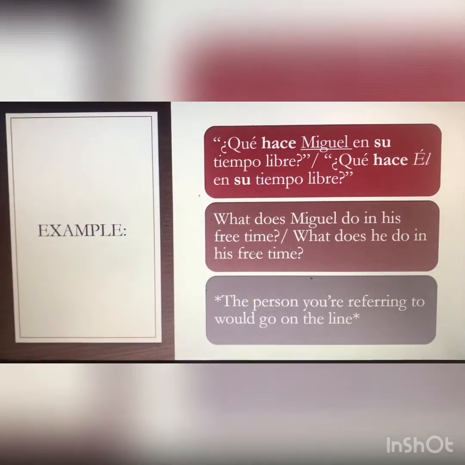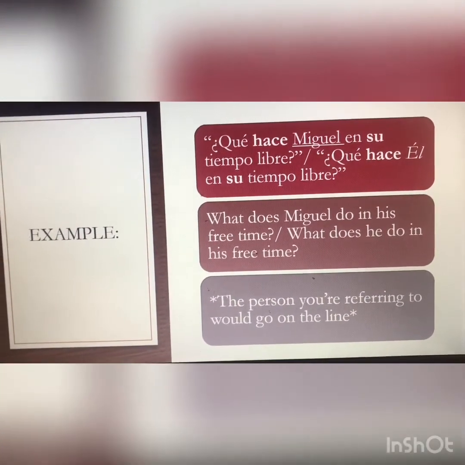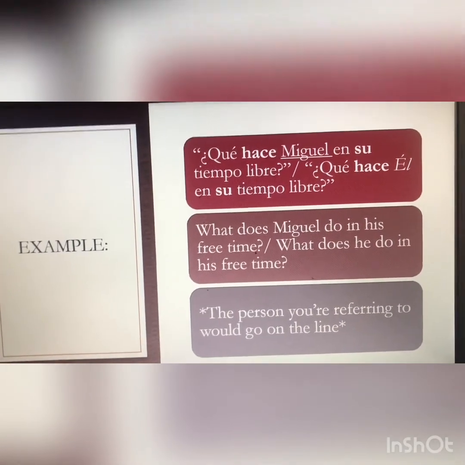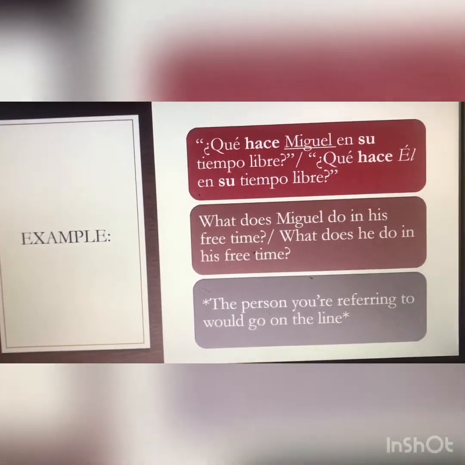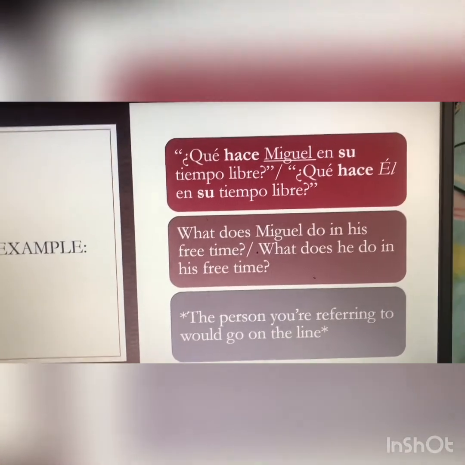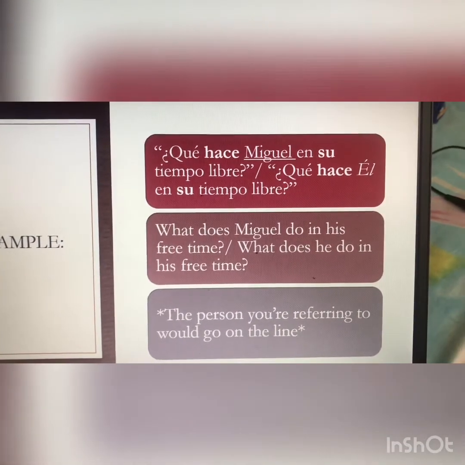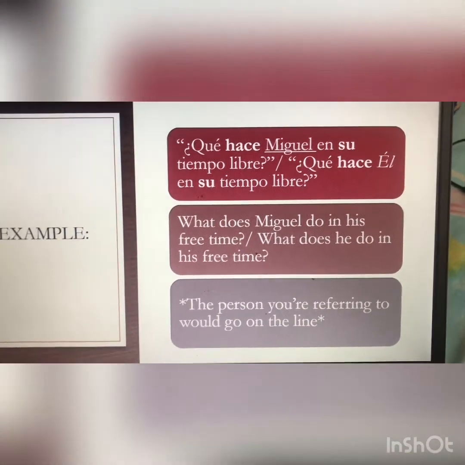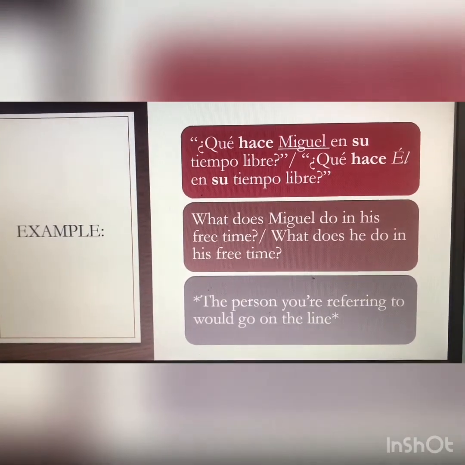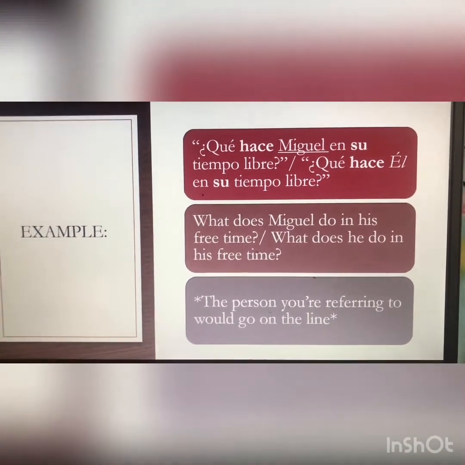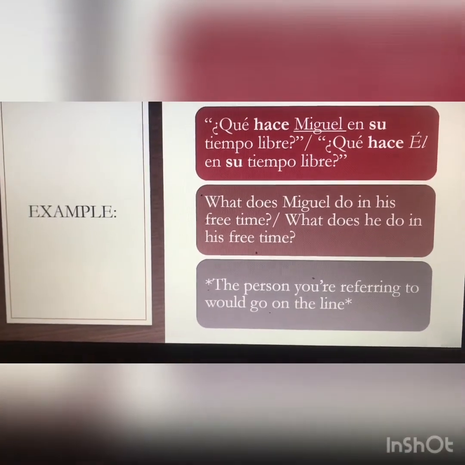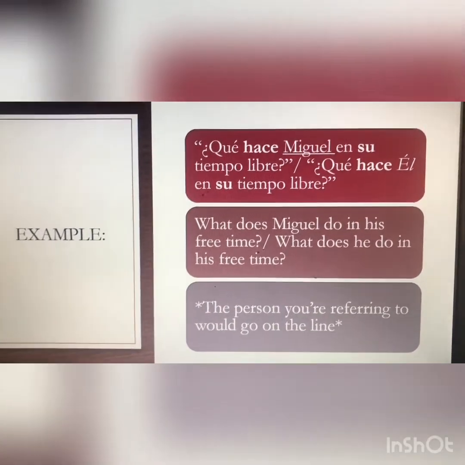But we could also say, what does he do in his free time? And that question would be ¿Qué hace él? Because remember that él means he. So ¿Qué hace él en su tiempo libre? Meaning, what does he do in his free time? Entonces, therefore, the person you are referring to would go on the line.